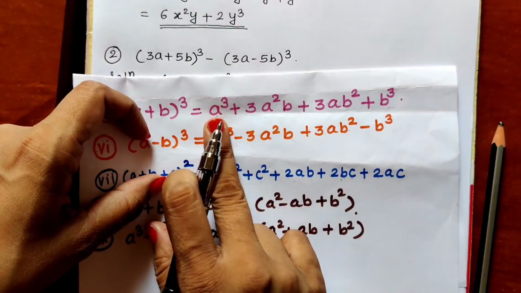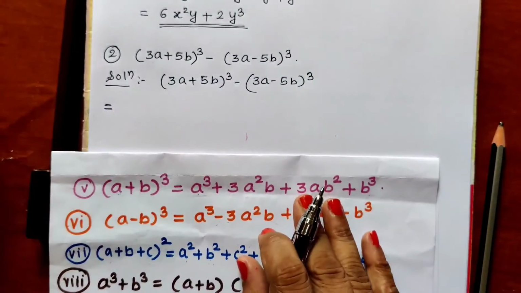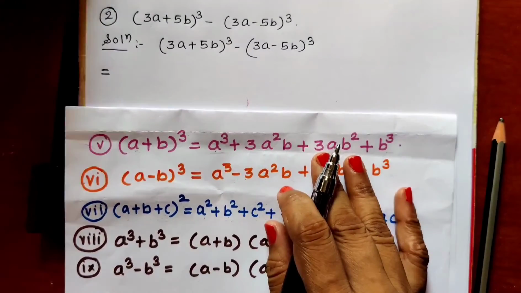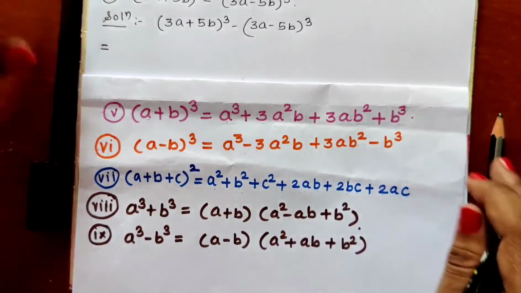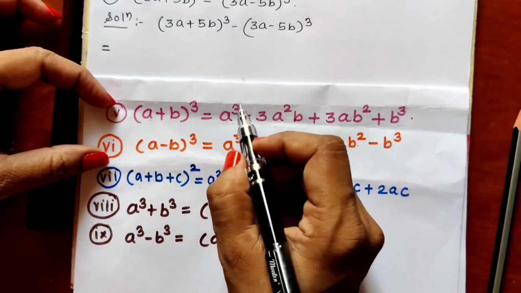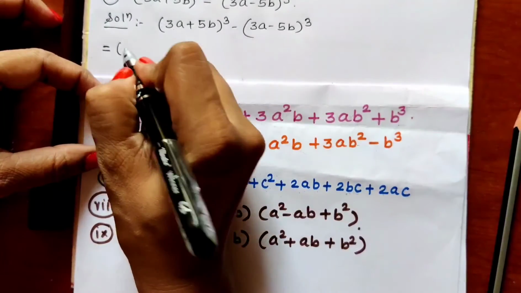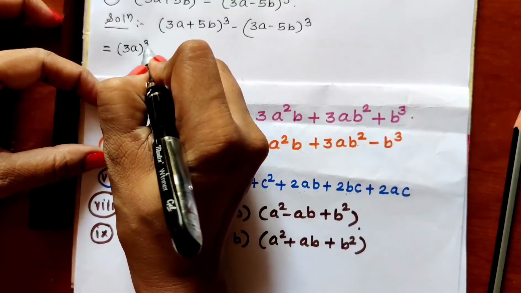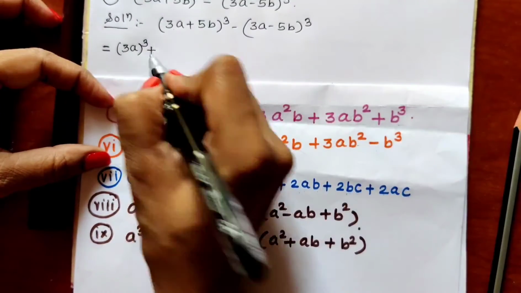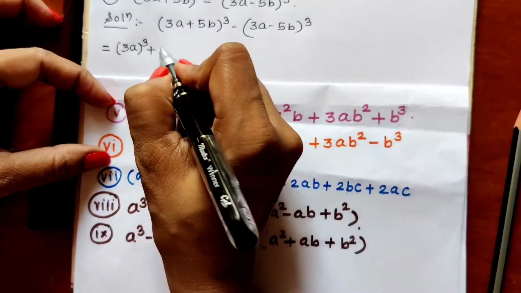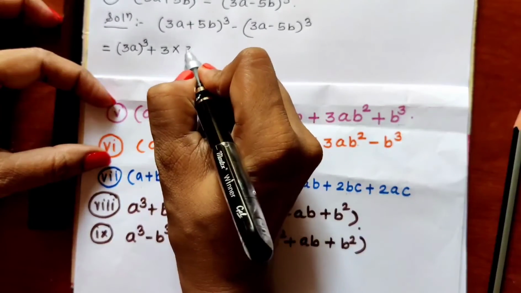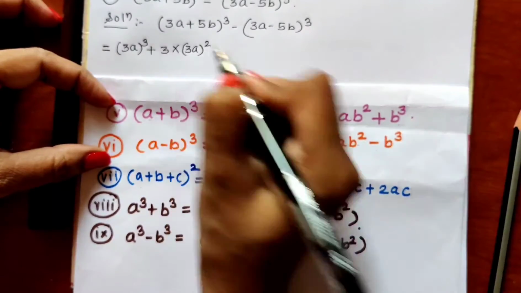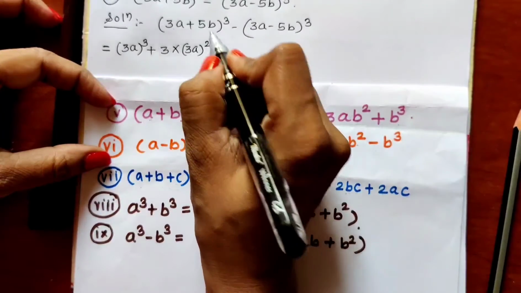a cube means (3a) whole cube. I will put my formula here only, so you will be able to understand it properly. So a cube means (3a) cube, plus 3 into a square into b. That means 3 into (3a) square into b, and b is 5b.